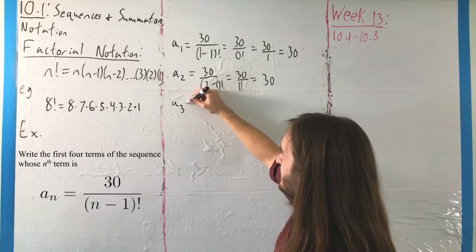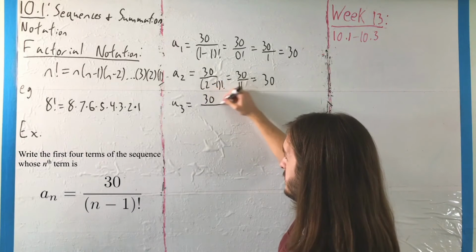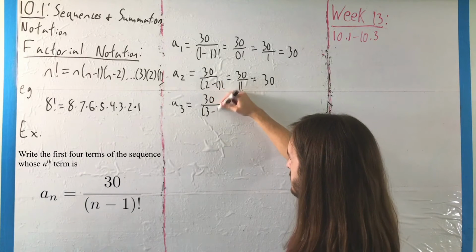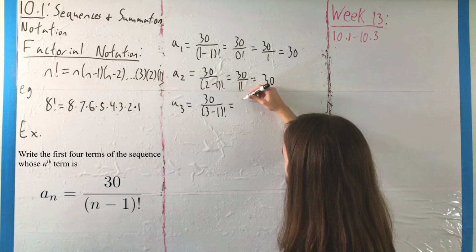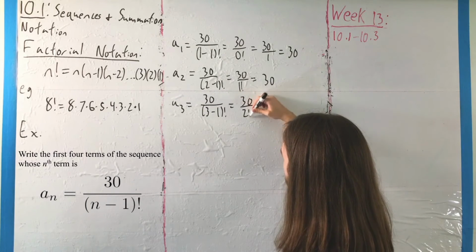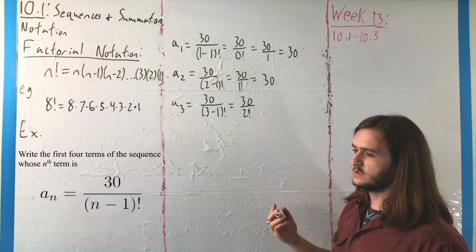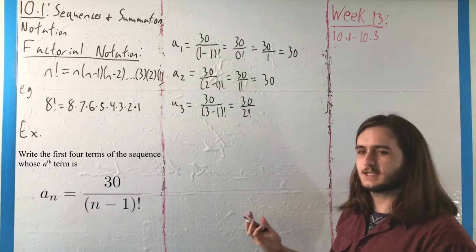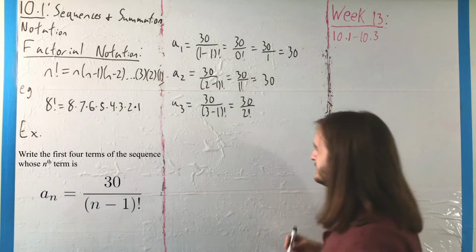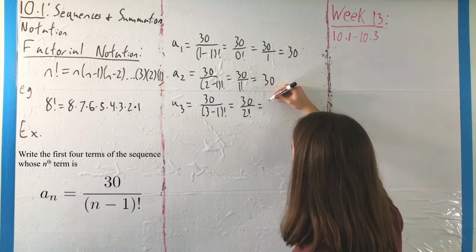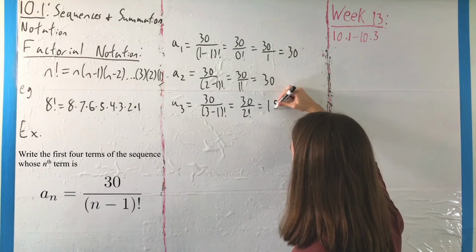At a3, we'll take 30 over 3 minus 1 factorial, which is going to be 30 over 2 factorial. And thank you, we get a number that's not 30, because 2 factorial is 2. It's not that exciting, but it's more than 1. It's good enough for now. Anyway, we're taking 30 over 2, which would just be 15.